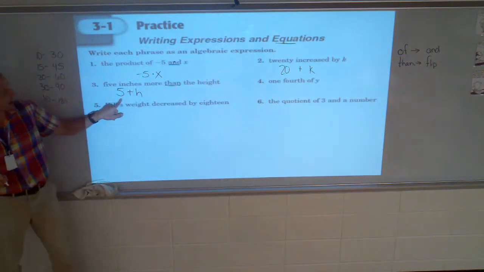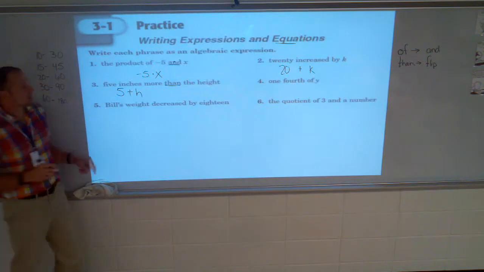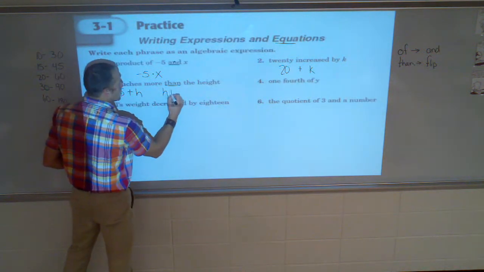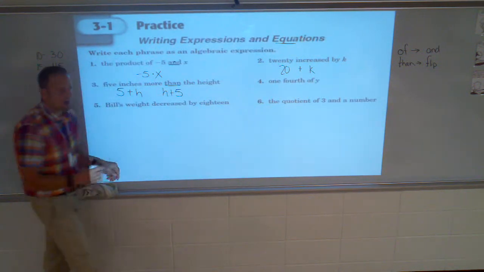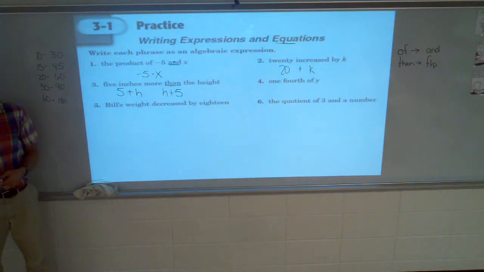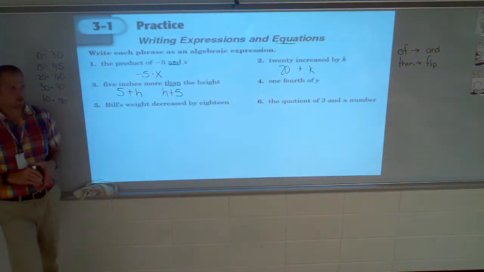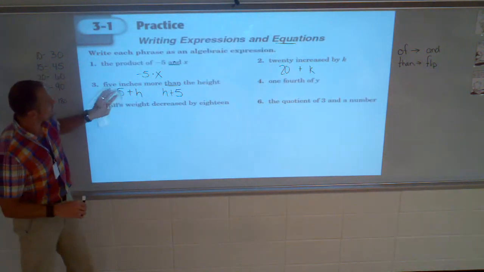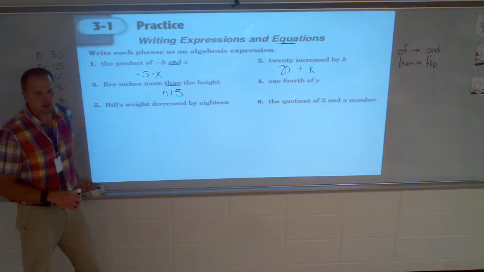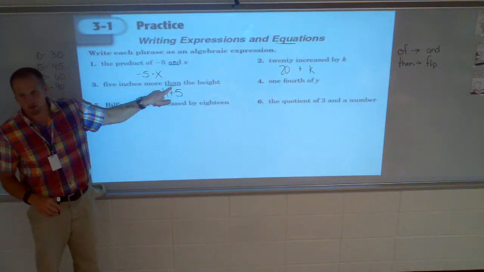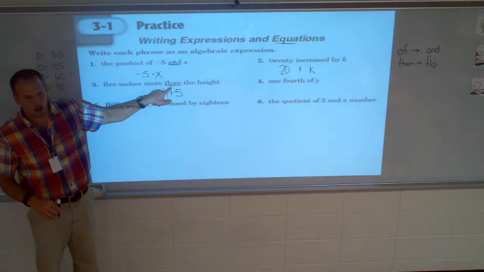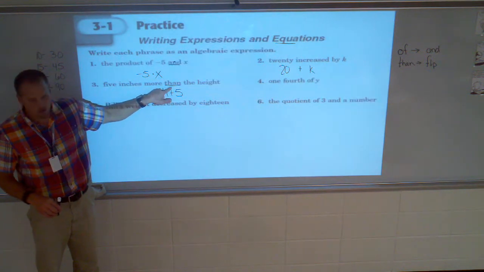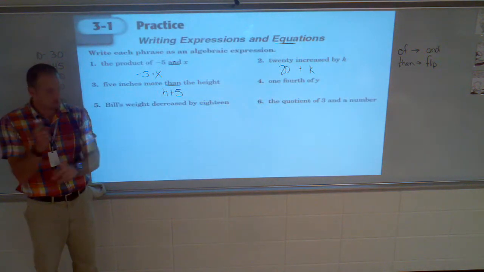So instead of 5 plus H, this should be H plus 5. Okay? H plus 5. And I will tell you that you will look like a rock star if you can just remember that word. You'll be a math rock star if you can remember that "than" means to flip it.